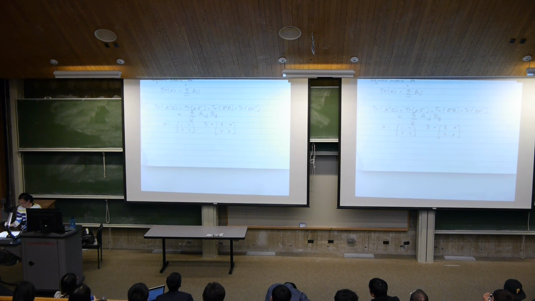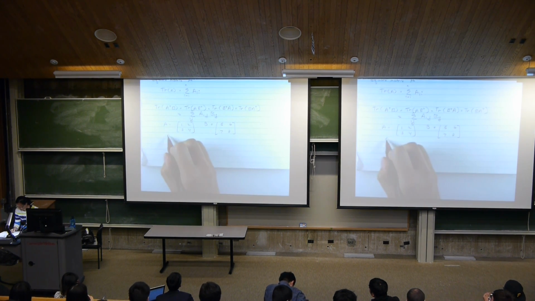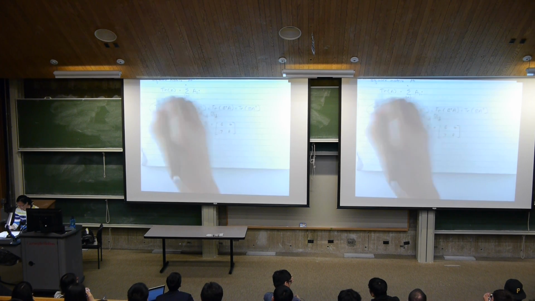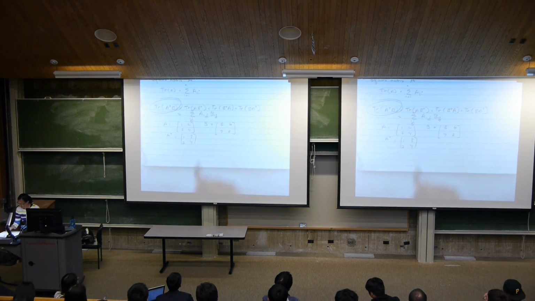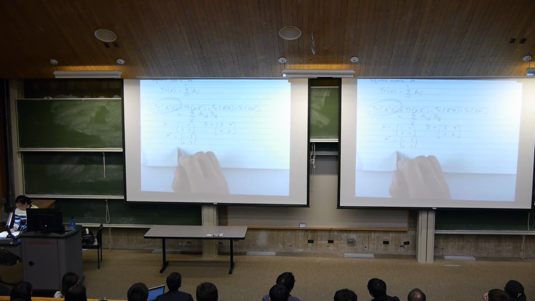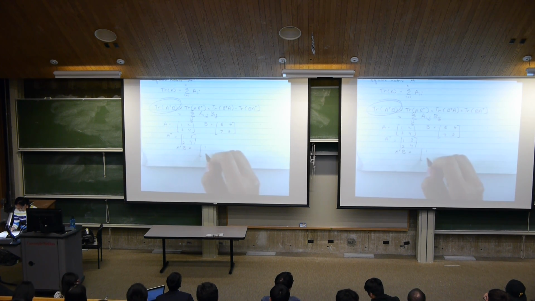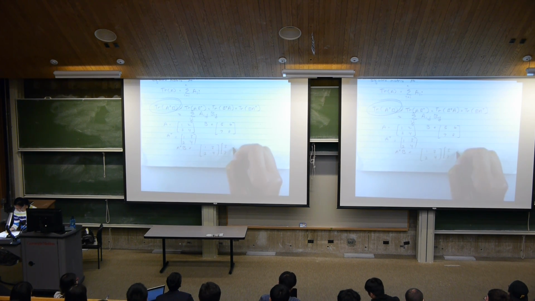Let me do A transpose first. So A transpose is 1, 3, 2, 4. Now we're going to multiply A transpose times B.